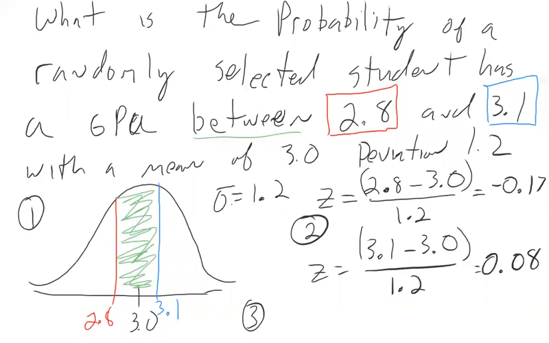So I will start with my 0.08, which gives me 0.5319.